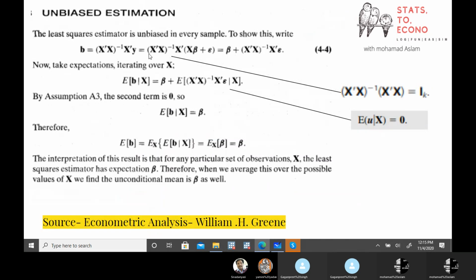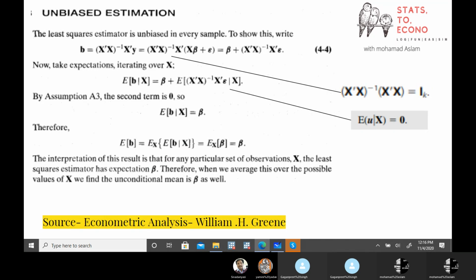Now here we have a y, right? This is a y matrix. And the y matrix is the x matrix multiplied by the beta matrix plus the residual term. Don't get confused with this u and epsilon. Actually, this epsilon is from William Greene. They use this notation for the error term.